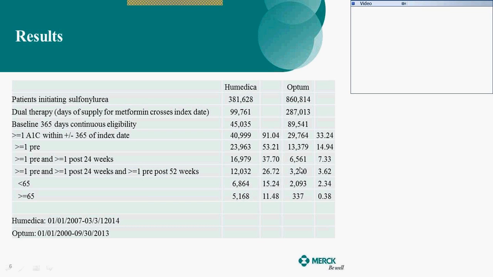For these more restricted criteria, Optum only has about 3.6% of patients with these A1C data over time.